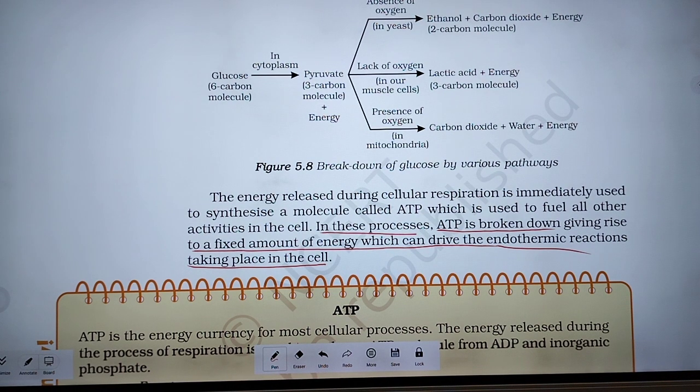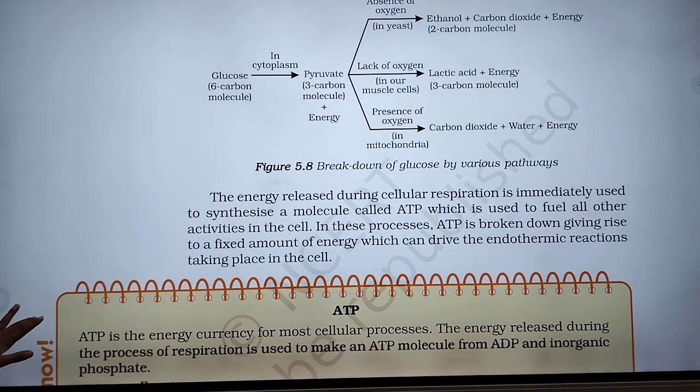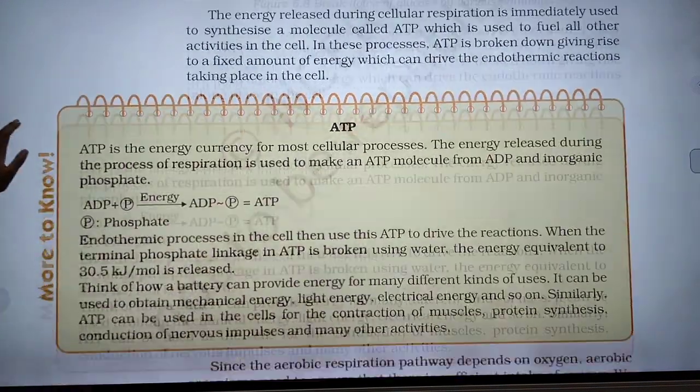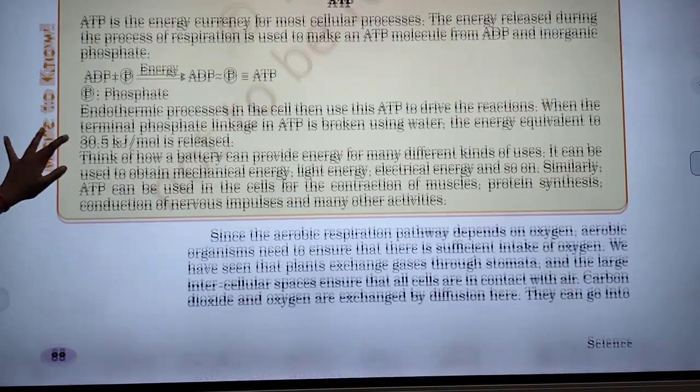So that's why ATP is very important in our body. This is all about ATP: ATP is energy in motion.